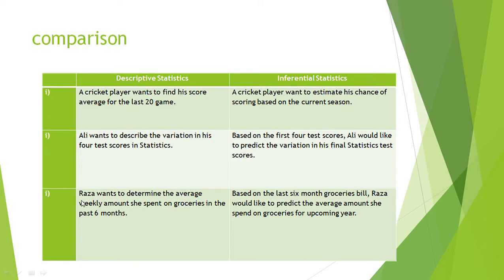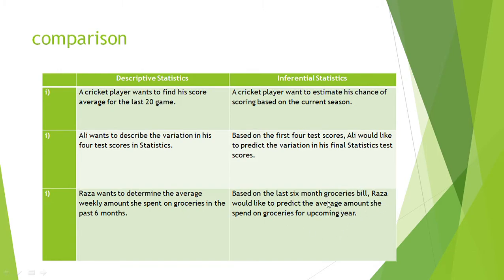Now the last example: Raza wants to determine the average weekly amount he spent on groceries in the past 6 months. So again the word average comes. Based on the last 6 months of grocery bills, Raza would like to predict the average amount he will spend on groceries in the upcoming years.